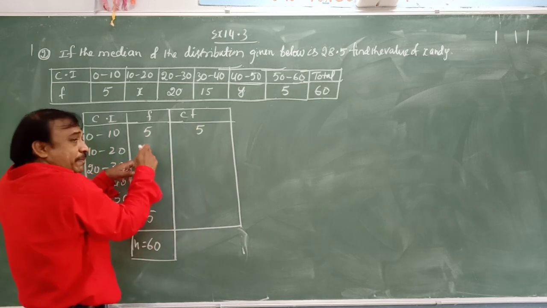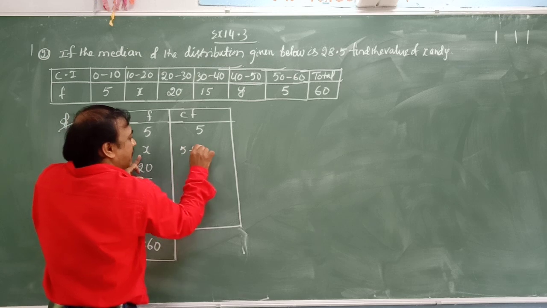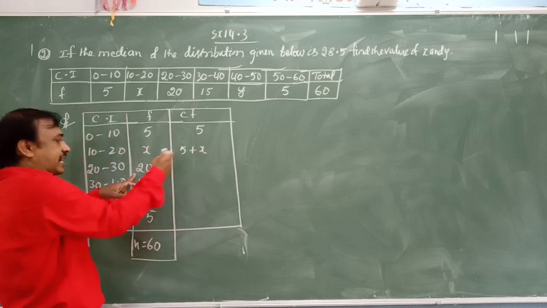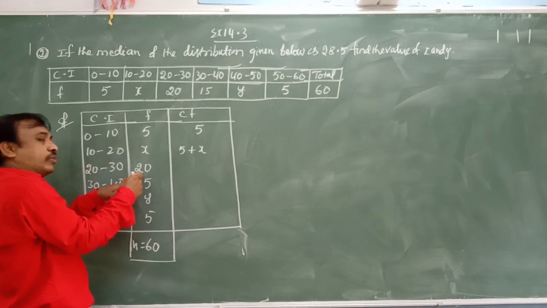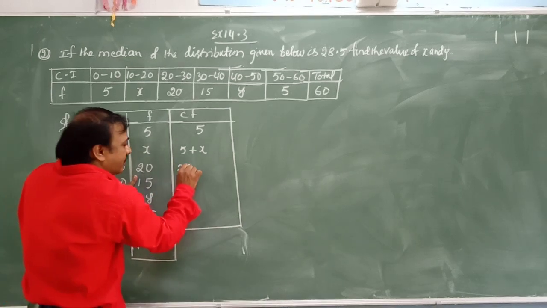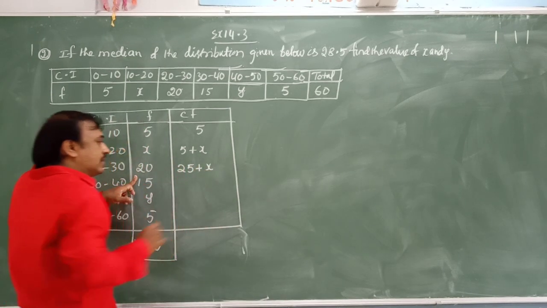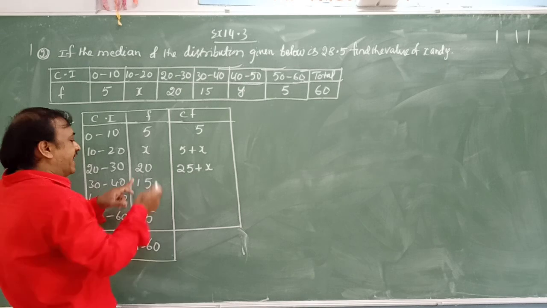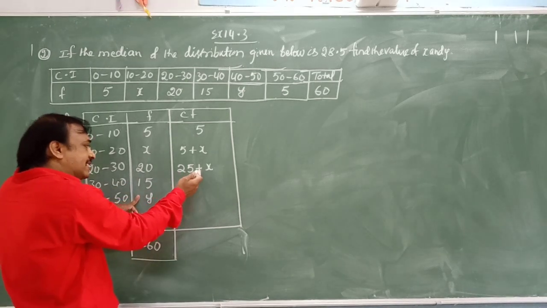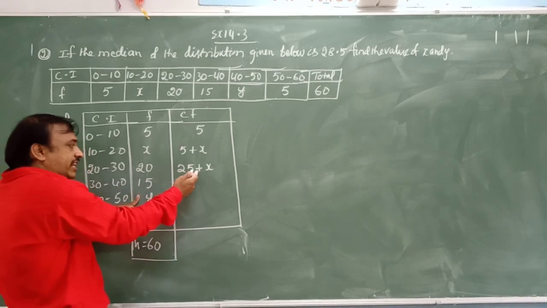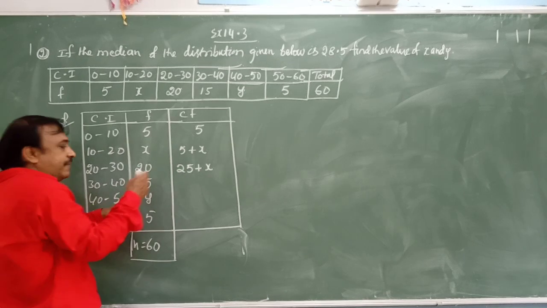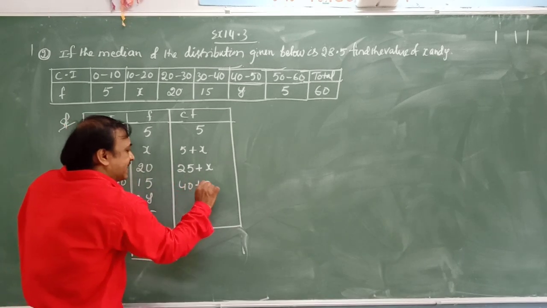Next, 5 plus x. Now add 20: 5 plus 20 is 25, plus x, so 25 plus x. Next, 25 plus x plus 15, that is 40 plus x.